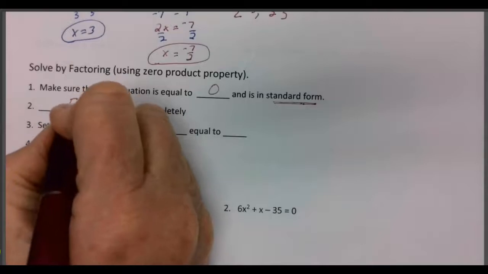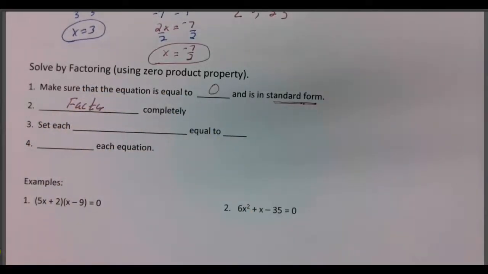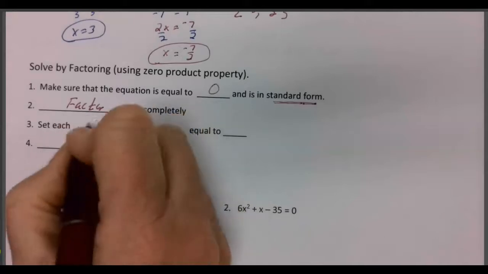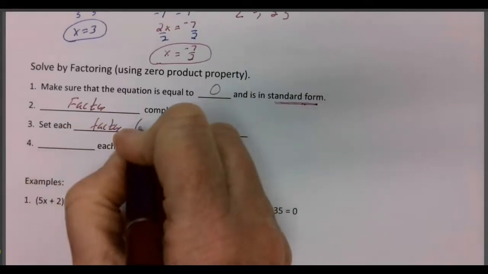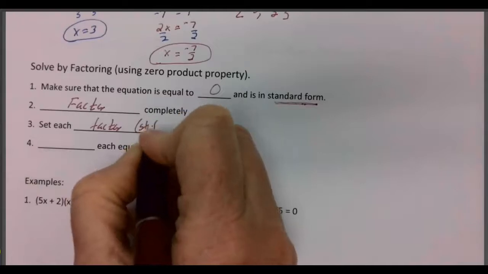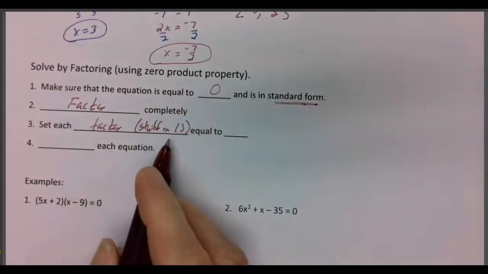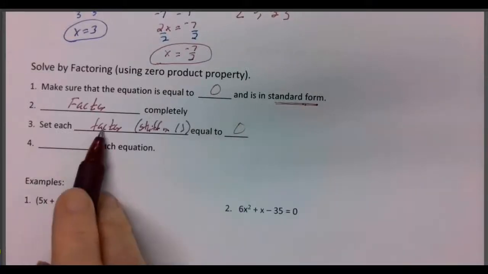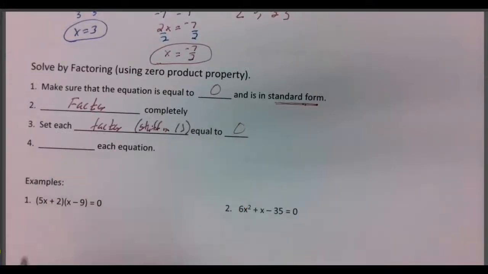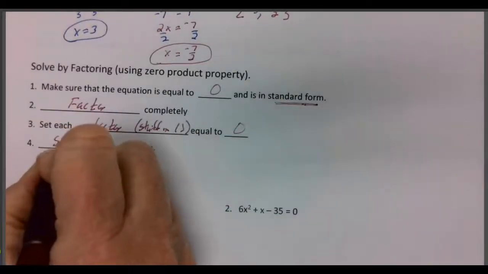Then we have to factor completely. After we have factored, we're going to set each factor, which will be the stuff in parentheses, equal to 0. So set each factor equal to 0, each parentheses equal to 0, okay? And then we're just going to solve each equation.